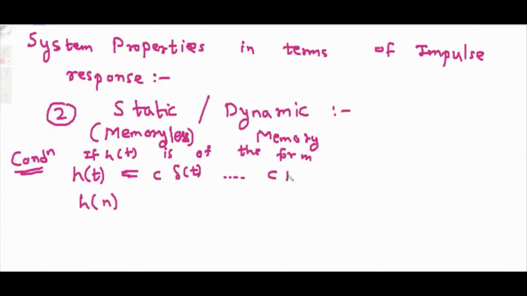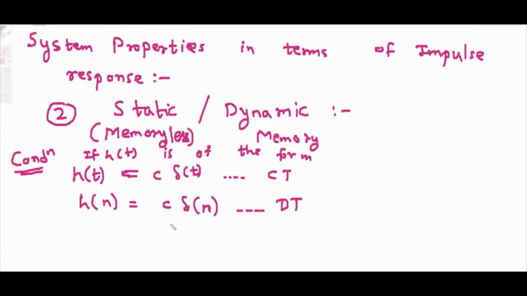This is the condition for continuous time, and for discrete time h of n equal to c into delta n, then the system is a static system. This is the condition for discrete time, where c is some constant.